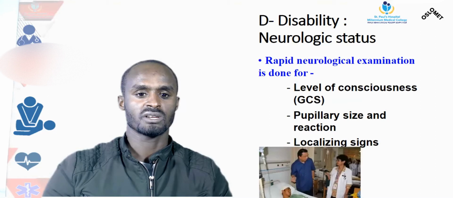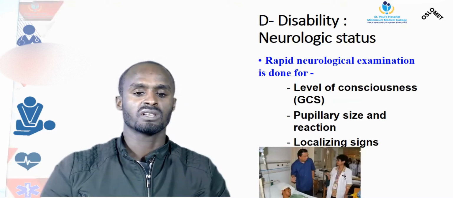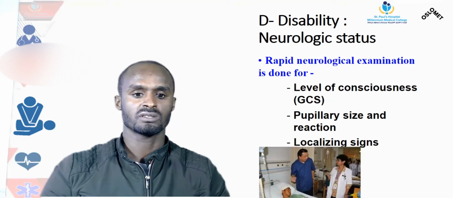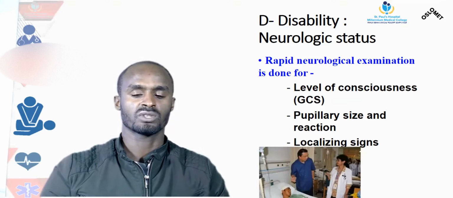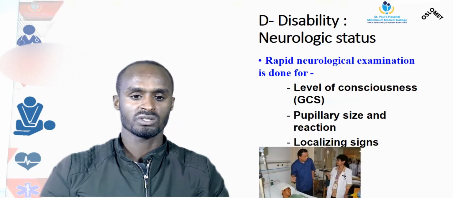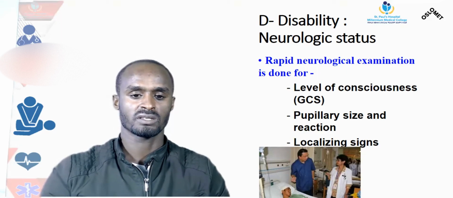The fourth one is disability, which is focused on neurological assessment. A rapid neurological examination is done to assess the level of consciousness through the AVPU during an emergency condition. A stands for alert. V stands for voice: the patient responds when we ask the patient's name.